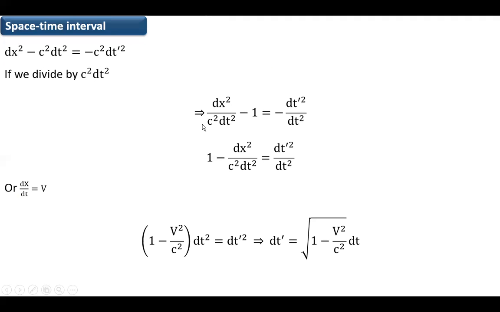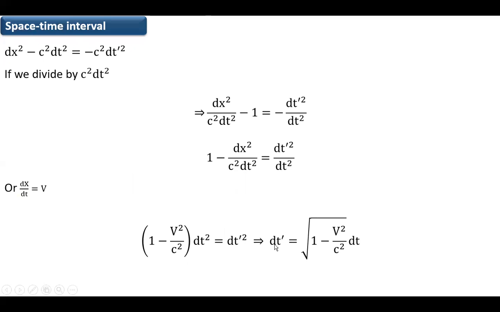If you multiply by a minus sign, you get 1 minus dx squared over c squared dt squared, which is equal to dt prime squared over dt squared. And you know that dx over dt corresponds to the velocity v. So you can replace dx squared over dt squared by v squared. Then your equation would be 1 minus v squared over c squared times dt squared equals dt prime squared.